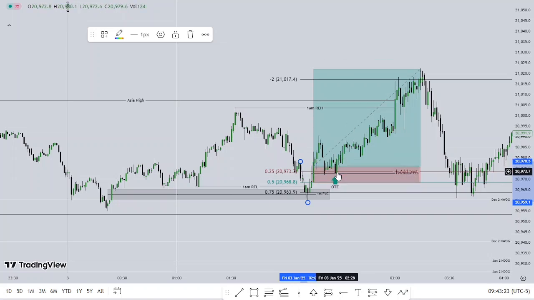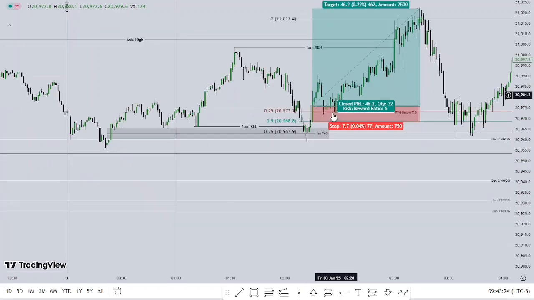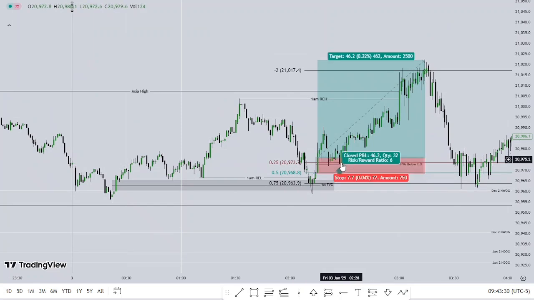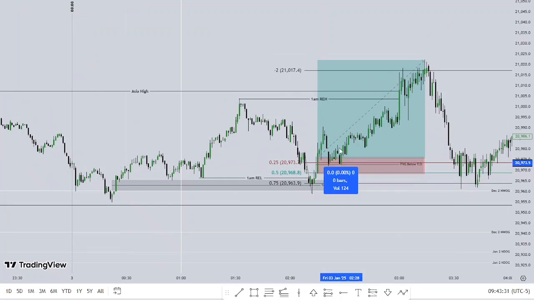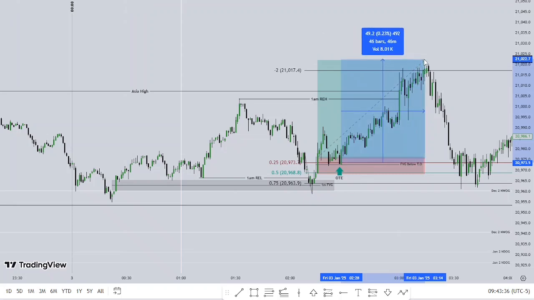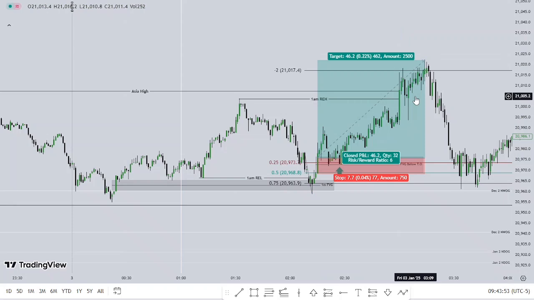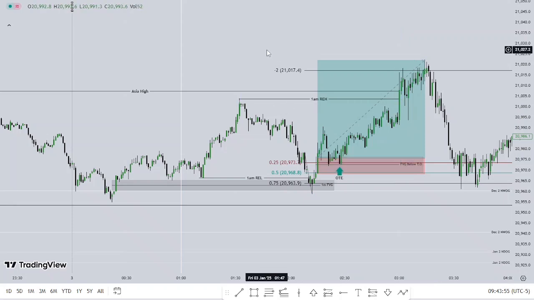Because if we measure from here to here to this high, it gives you like 4.96 pips, which is close to 5 handles. And this is big money if you are able to trade using a good lot size, using your same target, same everything, specific time, specific model.